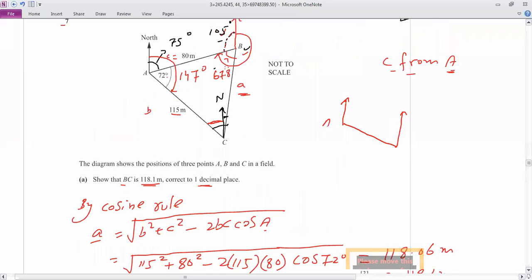This is point A, this is point C, and we know this total angle is 147. So what will this one be then? Total should be 180, so it will be 33. This one is 33 because the total should be 180 between them, and the total angle C is 40.2.